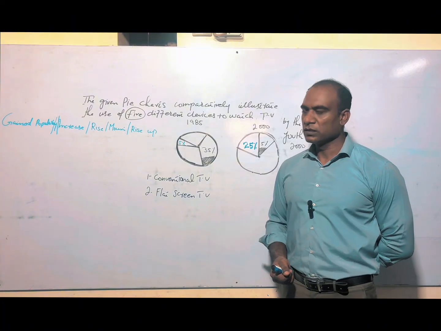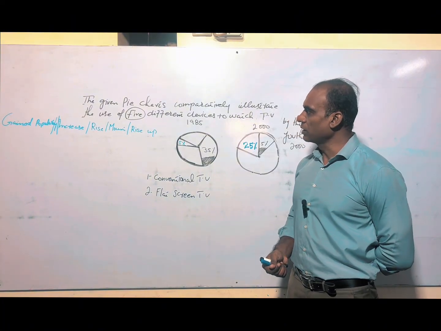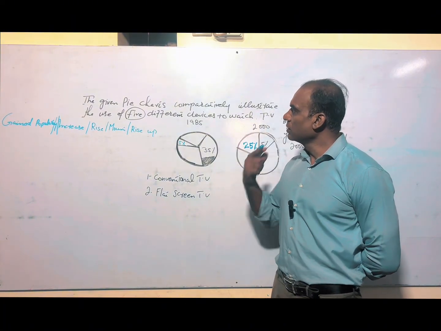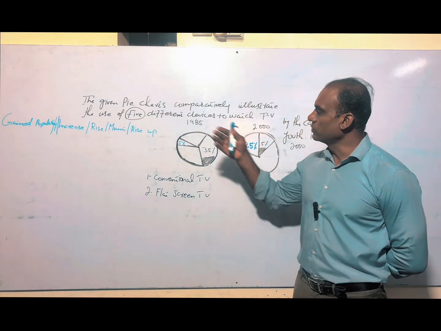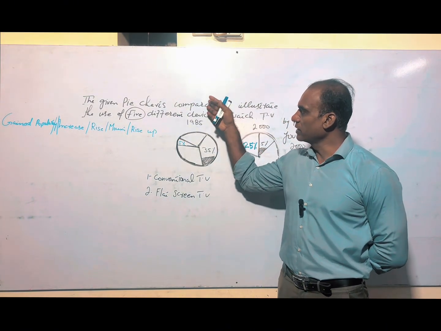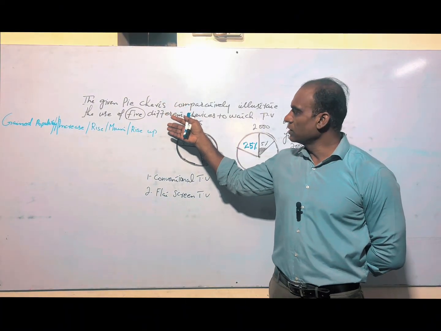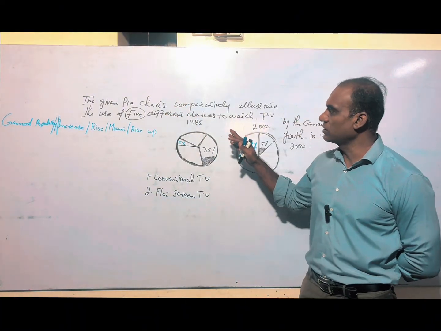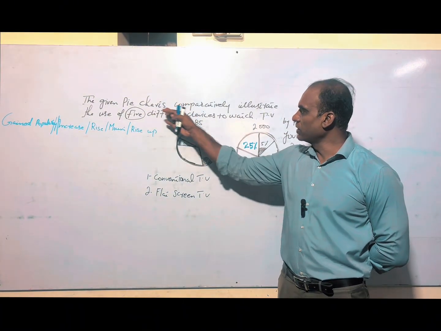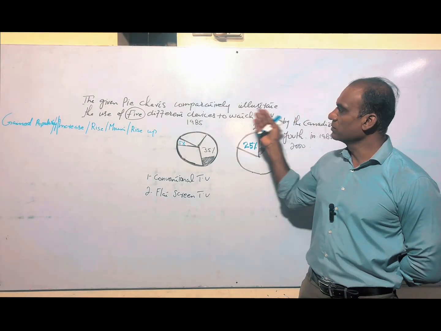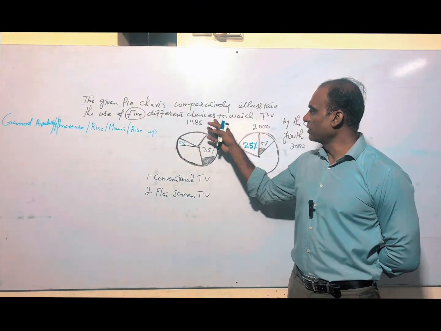So as in my previous video, I had already described how you should phrase the head sentence. The head sentence is already phrased: the given pie charts comparatively illustrate the use of 5 different devices.